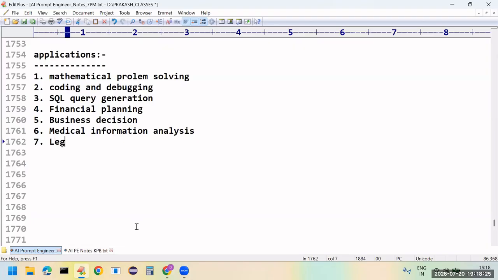Next, legal document analysis. Two days back, one of my friends had a legal issue with respect to some domain. He received a big document of around 7 to 8 pages, related to land.